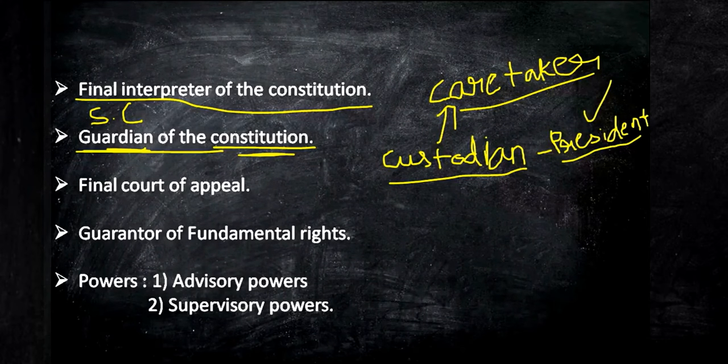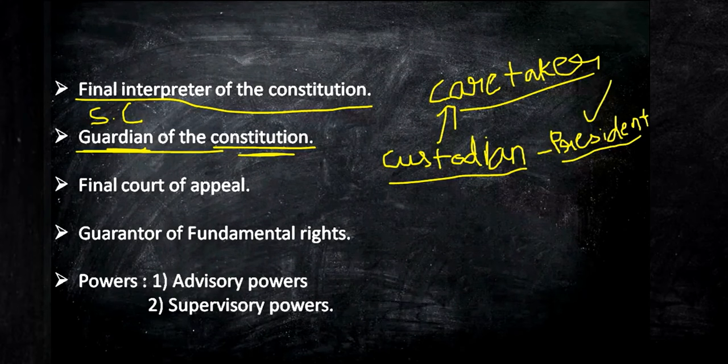Clear? Now, coming to the point that the Supreme Court has the function of guarding the Constitution. Understood? In what way is the Supreme Court guarding the Constitution? Let us say the government or any state government or any other public authority is violating the provisions in our Constitution through a law made by the Parliament or through an action taken by that public authority.